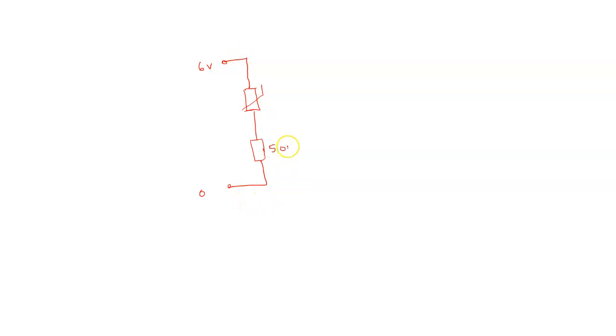Here is 5000 ohms, and here is 2000 ohm to 1000 ohm. Why is it 2000 ohm to 1000? It's a higher resistance, and this is a lower resistance, right? So this device is called a thermistor.